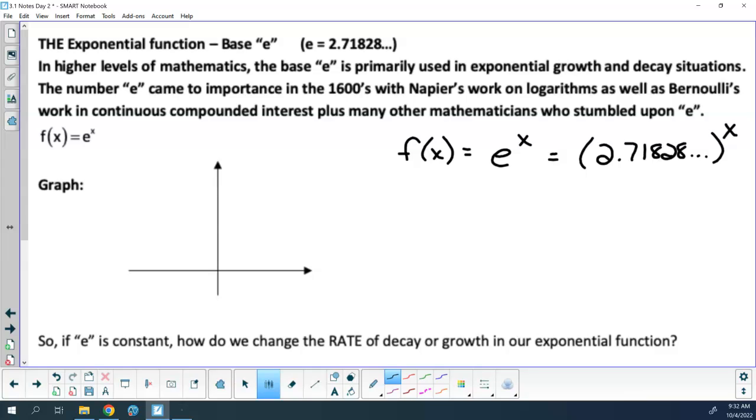We've got a horizontal asymptote at y equals 0. What else can you tell me? It's a growth, right? Because my base is bigger than 1. So it is a growth function.